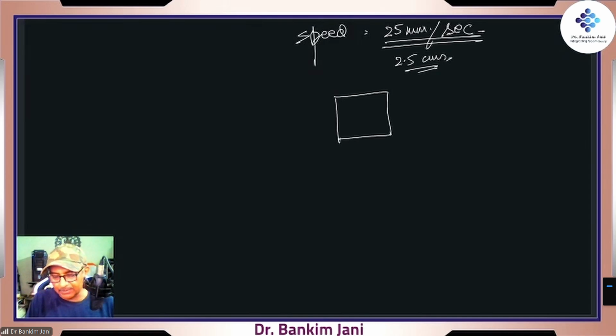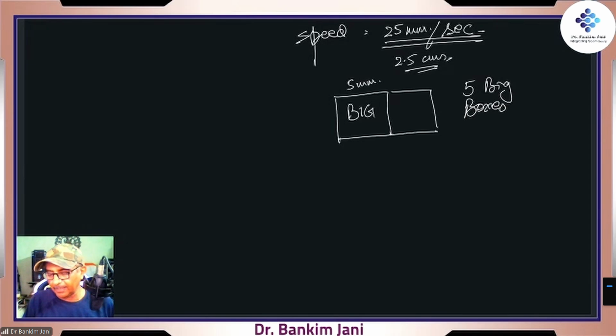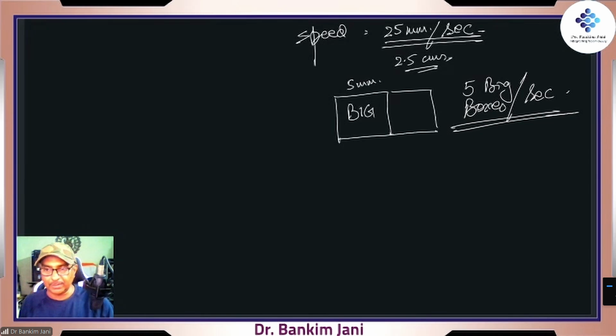Now, we have got the boxes. Each box is of 5 millimeter. Correct? So when we say 25 millimeter, can we say that this is 5 big boxes moving per second? So far clear?